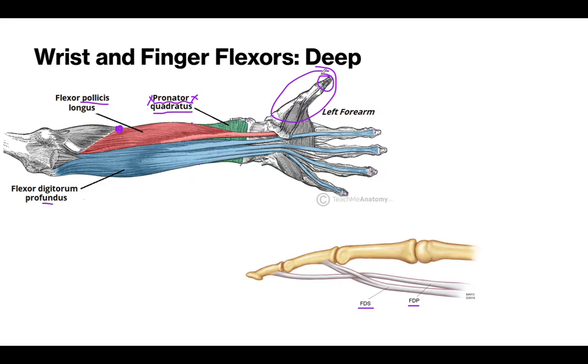Because it's on the thumb, it's going to be responsible for flexing the thumb. These names really should be helping you understand the origin, insertions, and actions. And again, they are all innervated by that median nerve.